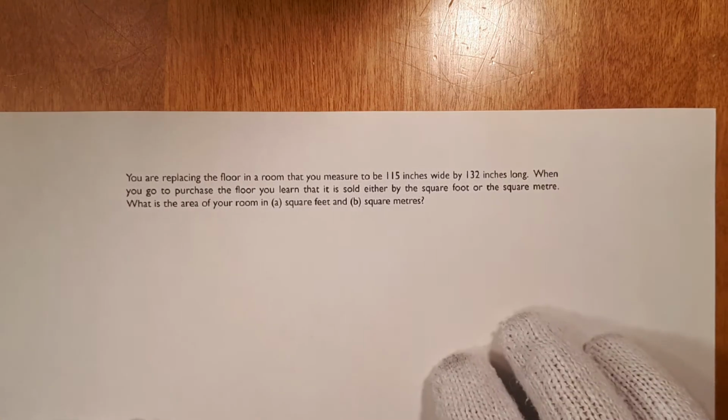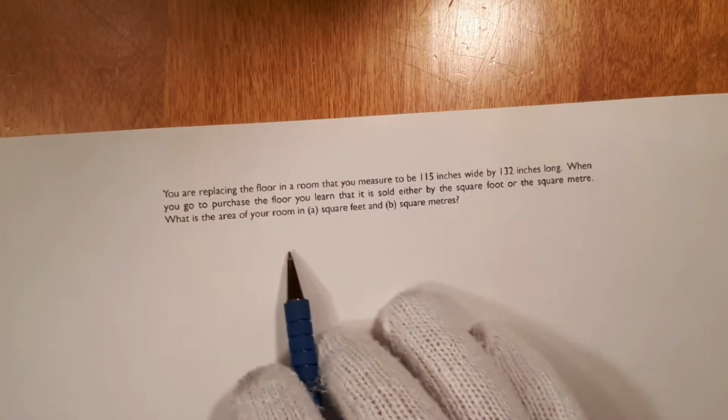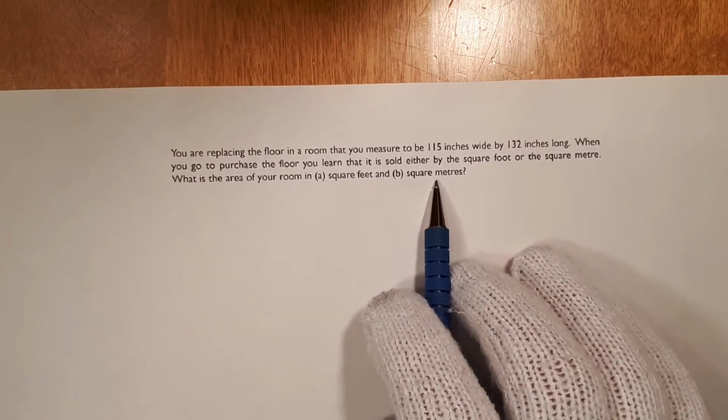I have the problem here rewritten on the left side of the page, so I'm going to need a little bit more room for this one. And we want to find the area of the room in square meters.